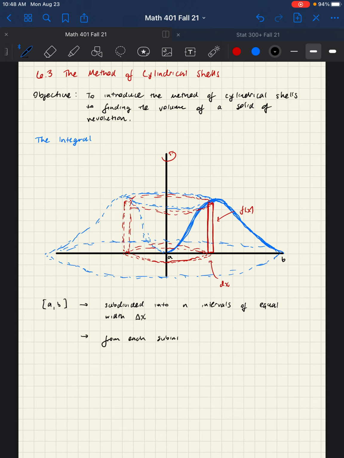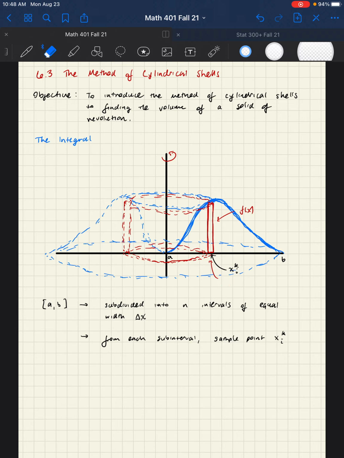From each, we then pick out a sample point, x sub i star. Remember that the i subscript indexes which one of these subintervals we're talking about. So for instance, that x sub i would be located here. So there's n of them.